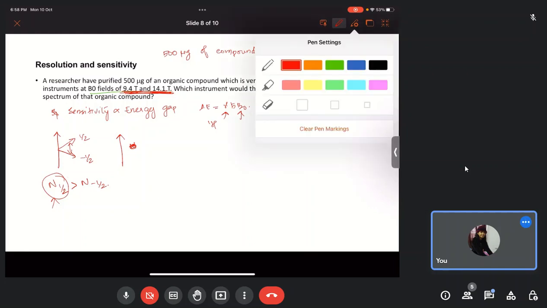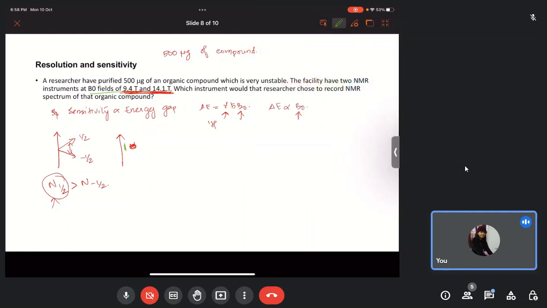That in turn generates the Z magnetization, right? As long as you have more and more molecules in plus 1/2, your Mz value will increase, so the magnitude of Z magnetization will increase. So you would prefer to have a higher number of molecules in the plus 1/2 state.